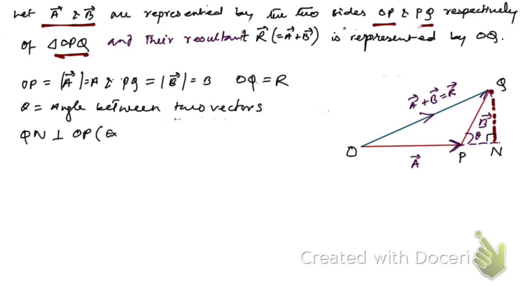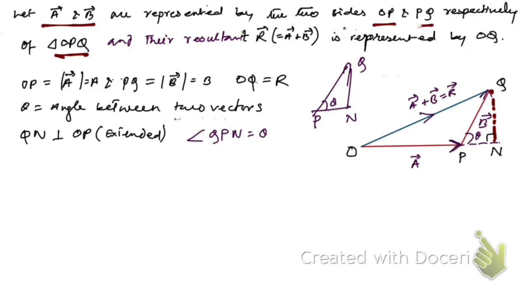Now from this triangle QPN, this angle is theta, right? Angle QPN is theta.